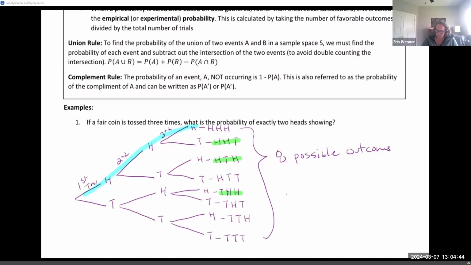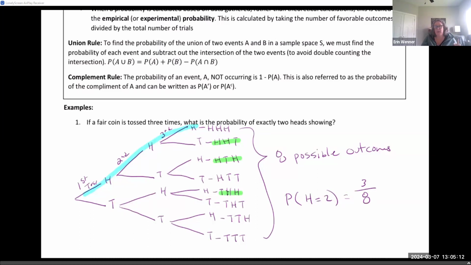So we would say that the probability that our heads are equal to 2 is going to be those 3 possible outcomes out of our total 8 possible outcomes. And so again, giving us that visual reminder of what all is going on here is really helpful to make sure we don't miss anything. And again, we can see what our whole sample space looks like.